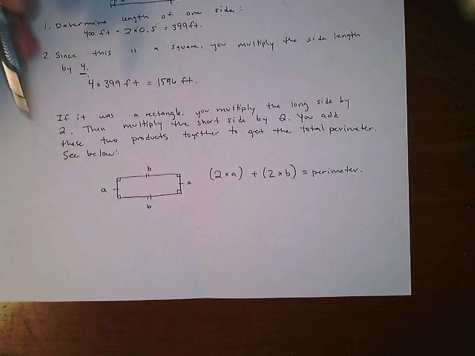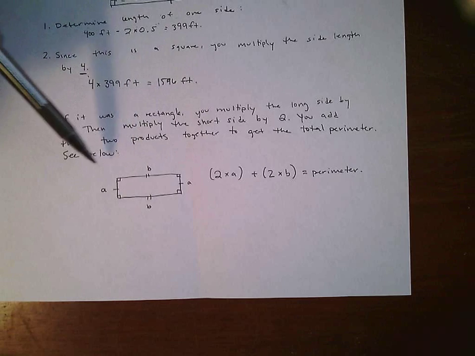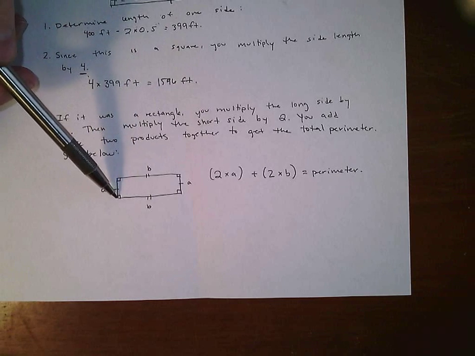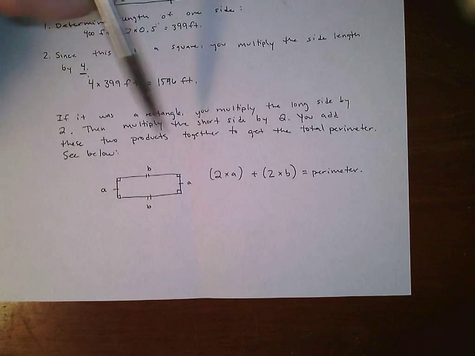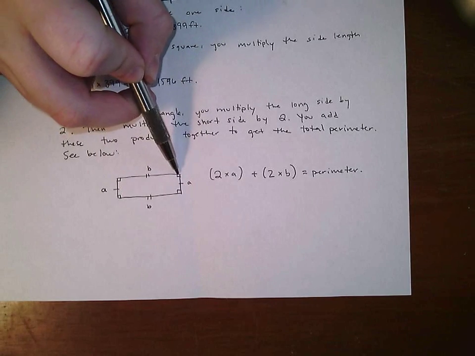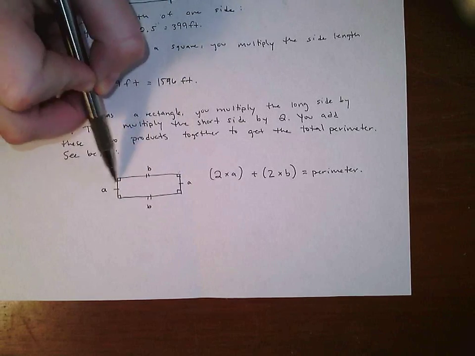So something to note is that, let's say that we gave you a problem where you were looking at trying to encase a rectangle. You would need to figure out the length of each rectangle side.